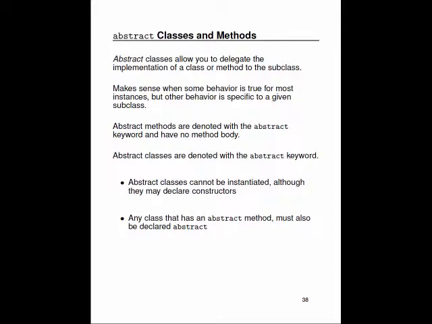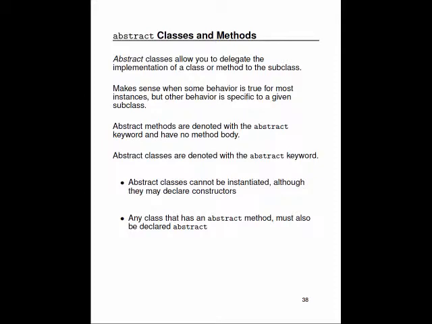Now, abstract classes allow you to represent these concepts that can't be instantiated and maybe don't have all of their behavior implemented. This is when you have certain behavior that's true for all instances, but the actual implementation of that you want to delegate to a subclass; you can have an abstract method or an abstract class.